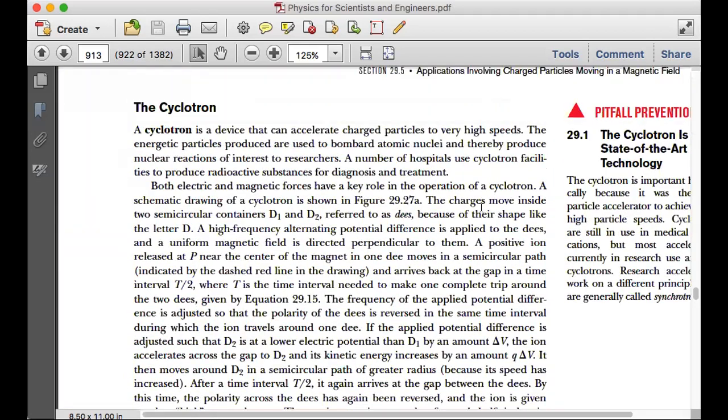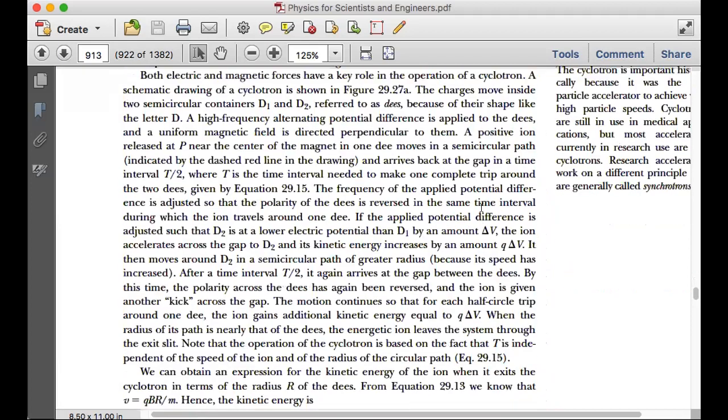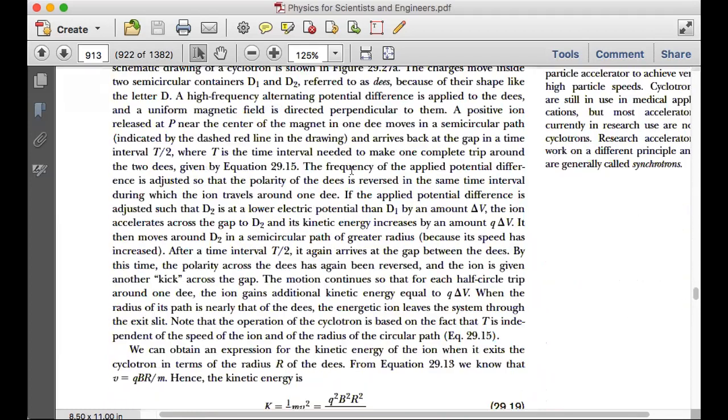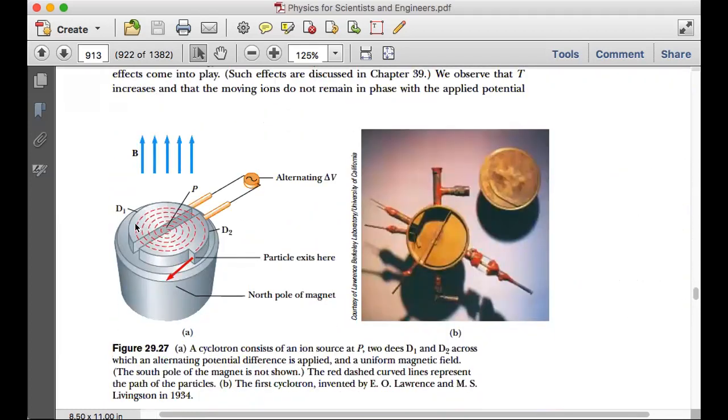And then we have the cyclotron. A cyclotron is a device that can accelerate charged particles using a magnetic field and an electric field. Cyclotron means cycle. This circle is the place where the particle is accelerated using the magnetic field and also the electric field.